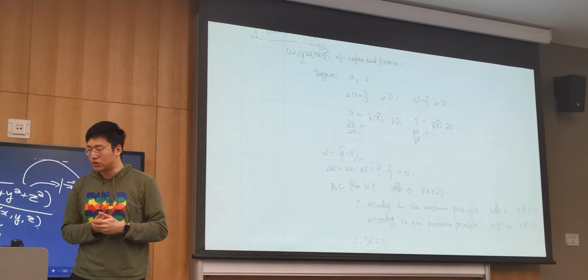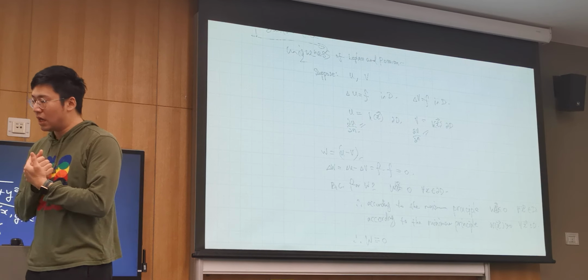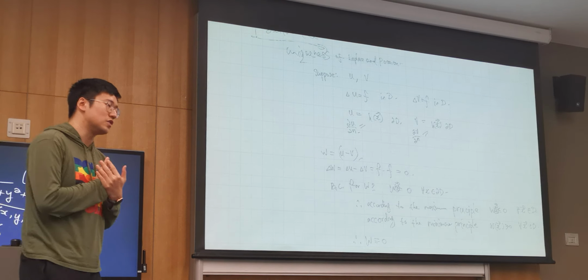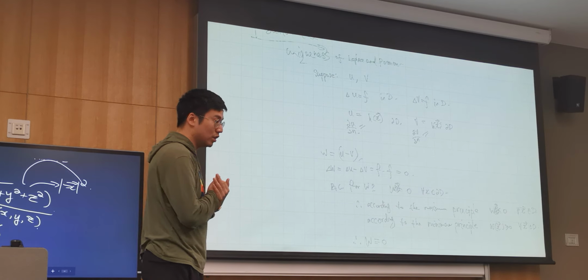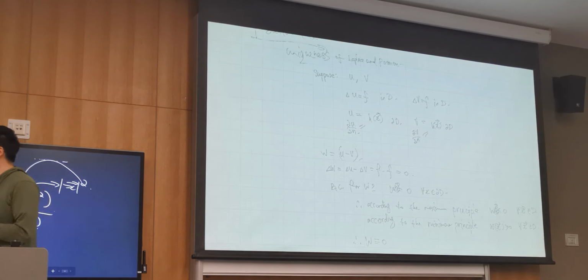There are of course other aspects besides uniqueness, which are the stability and also the existence. But very unfortunately, we are unable to prove them in such a short time. So this is the only thing that I would like to focus on.